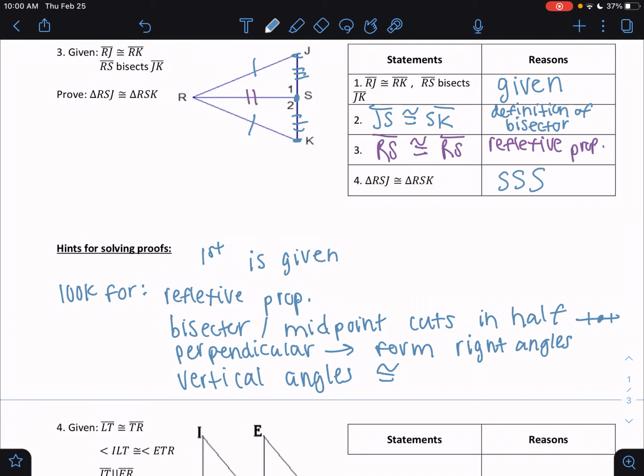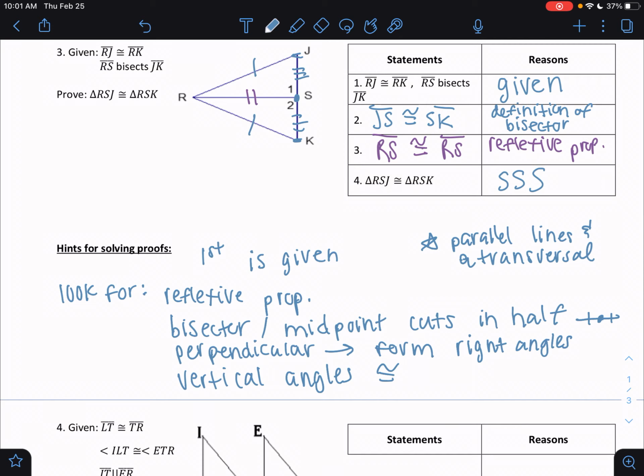One more thing you could write here at the top. I'm not going to list all of our different types of angles, but when we have parallel lines and a transversal, look for those corresponding angles, vertical angles, all of those different things.